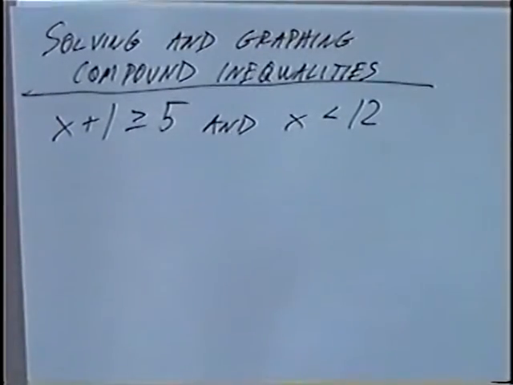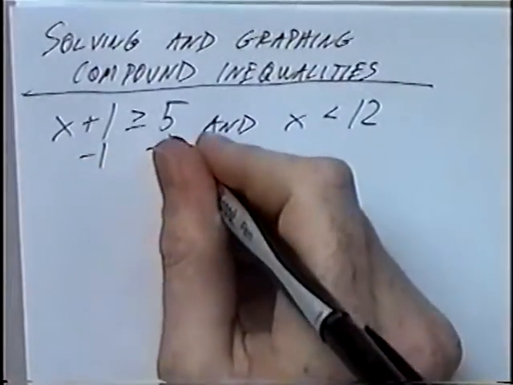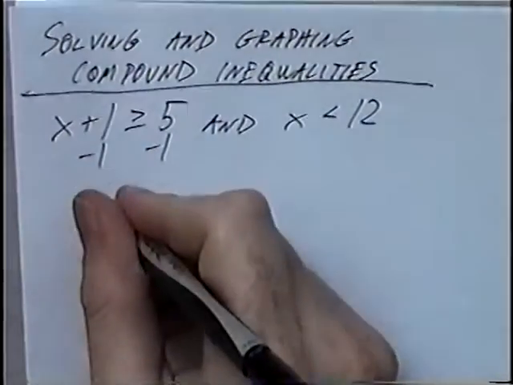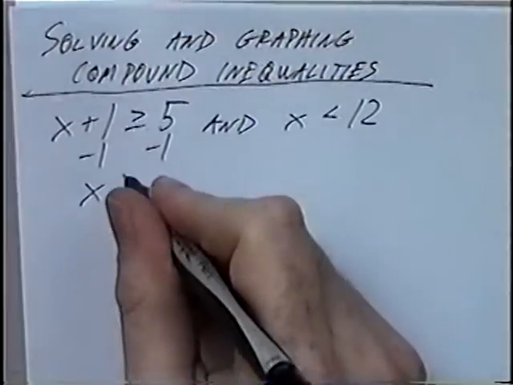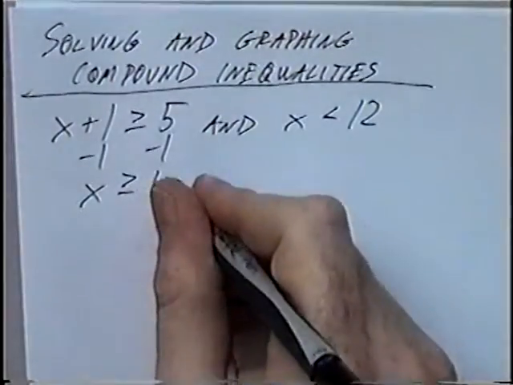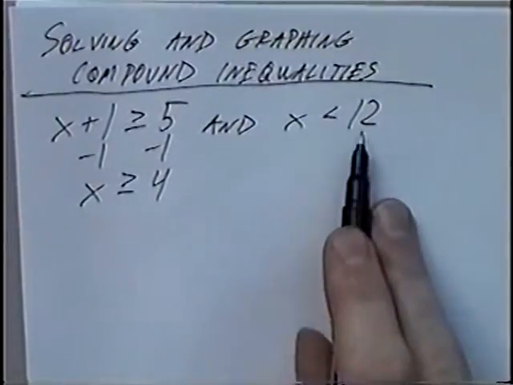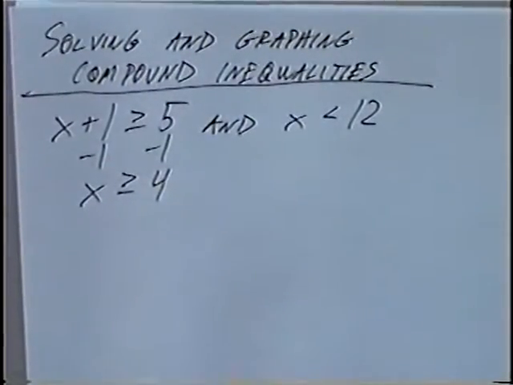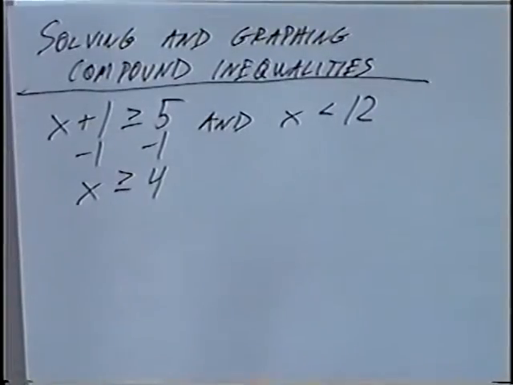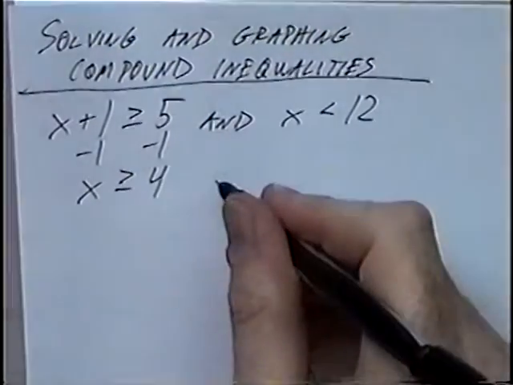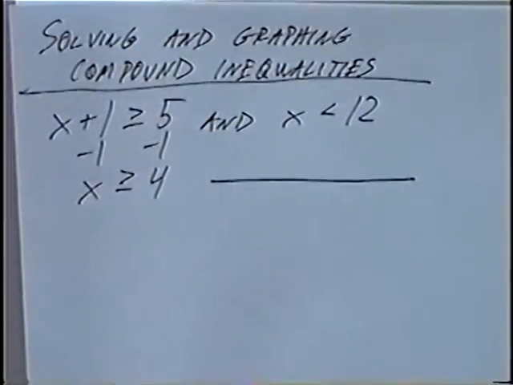Solving the first inequality, x plus 1 greater than or equal to 5, we can subtract 1 on both sides. So this would be x is greater than or equal to positive 4. The second inequality, x is less than 12, is already solved.